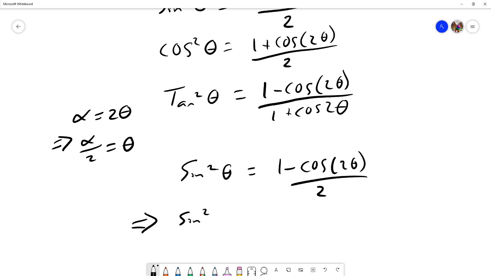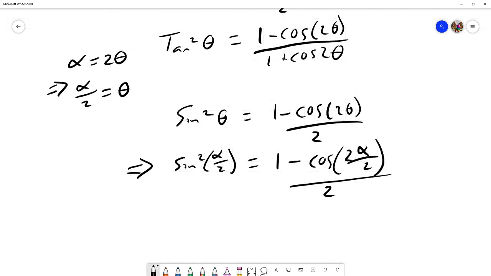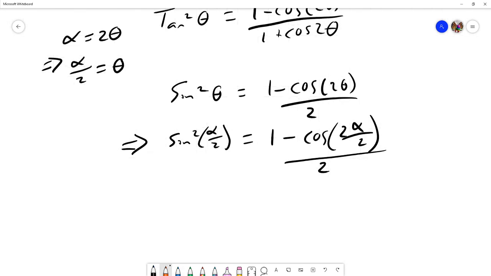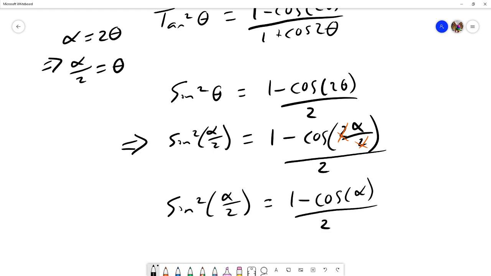This is sine squared of alpha over 2 equal to (1 minus cosine of 2 times alpha over 2) divided by 2. And we can note immediately that the 2s will cancel out. So we get sine squared of alpha over 2 is equal to (1 minus cosine alpha) over 2.